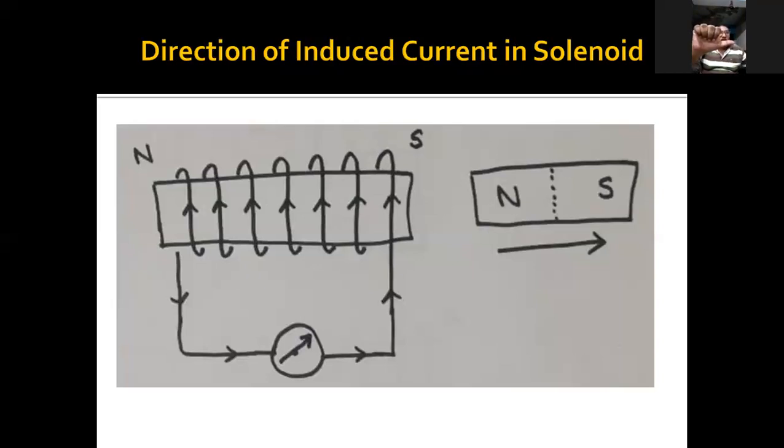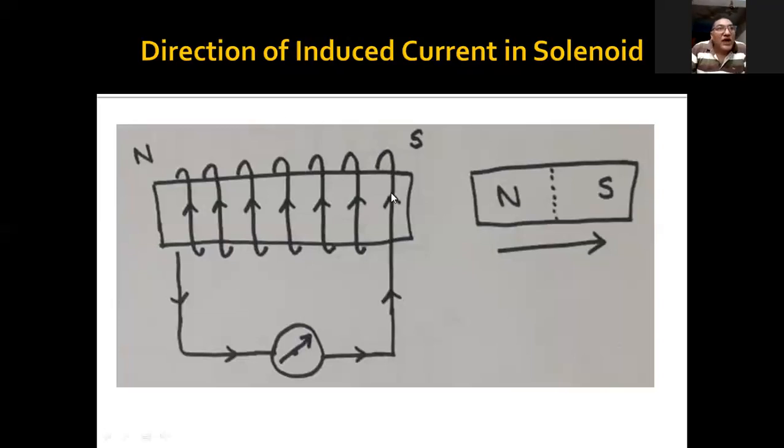The north is on the left side of the solenoid. Now you see, the current which is induced in the solenoid will be following the curls of my fingers of the right hand. So according to the curls of my fingers, from the side of the solenoid which is facing me, the current should be going up, and from the other side it should be going down.